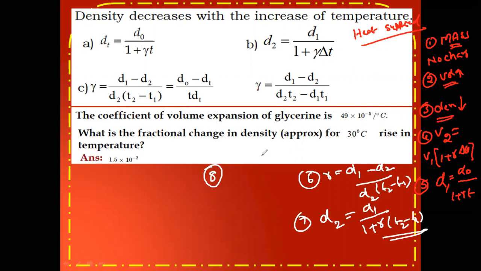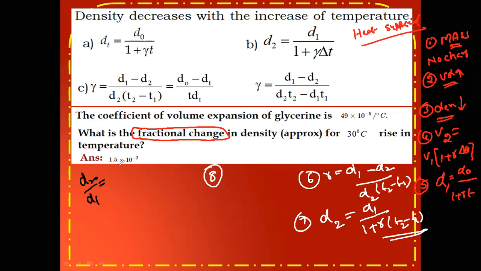See, already we have seen the technical term. What is meant by the fractional change? To find out the fractional change in density, the first point is d2 by d1.